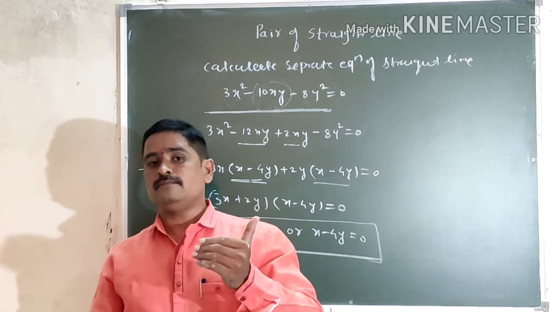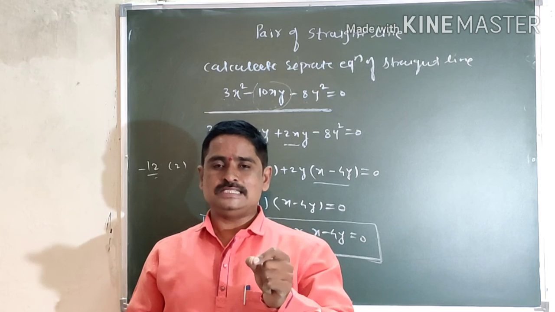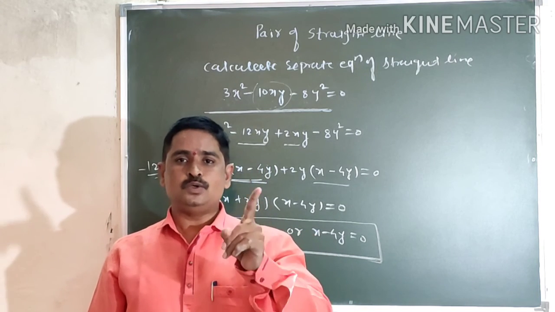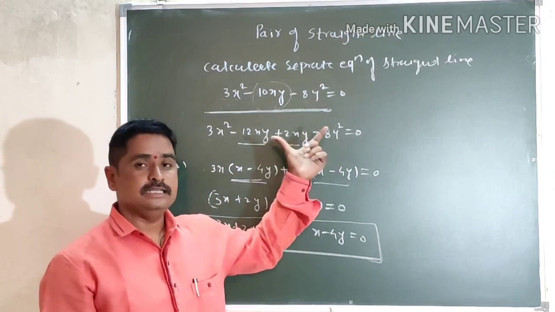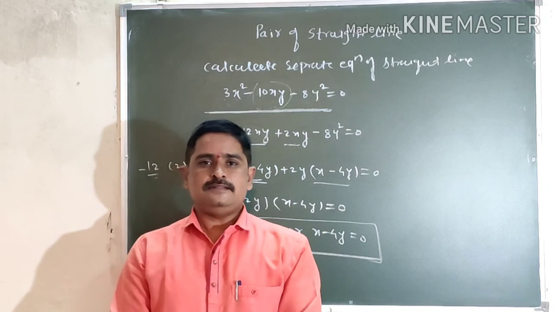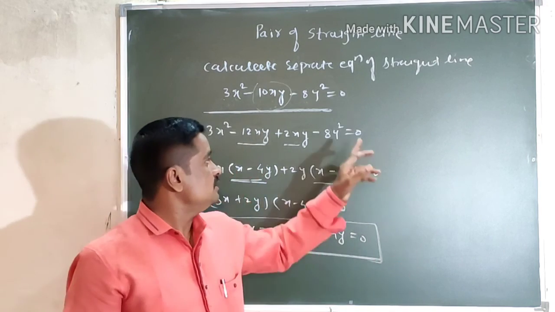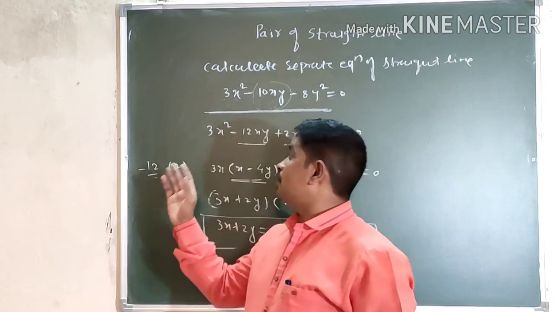Again, if we have to calculate the angle between two lines, then we have the result tan theta equals to modulus of 2 under root a square minus ab by a plus b. So this is the theory to find the various types of equations or to solve the various types of problems.